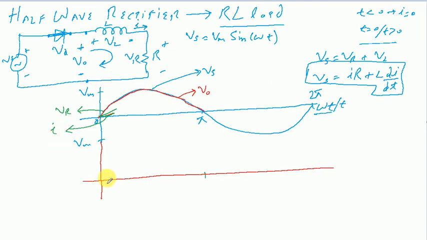So basically what happens is that initially when the current is gradually rising, all the voltage that is being represented by V naught over here appears across the inductor terminals. So at this point this voltage over here is maximum, and as long as we have this VR equal to 0, Vs is basically equal to VL during this interval.